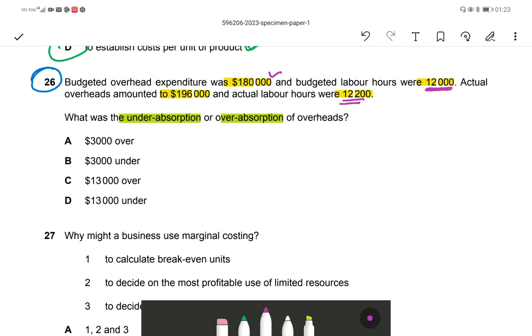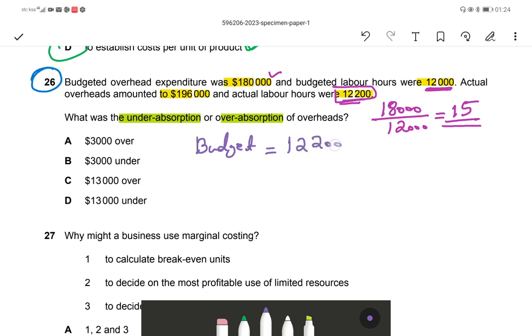Per unit cost is 180,000 divided by 12,000. This is the budgeted price. Budgeted price is 15. So we have to make the flexible budget. To produce 12,200, the budgeted cost is 12,200 into 15.